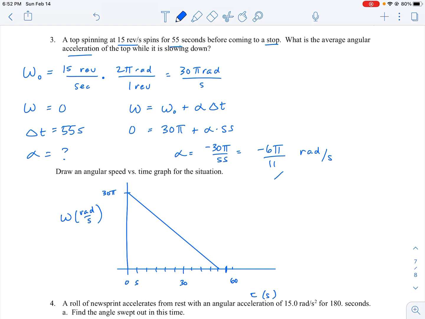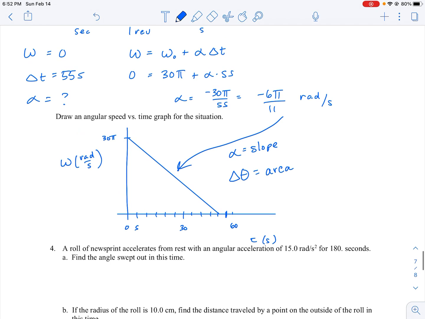And then the slope of that line is the angular acceleration. That's pretty cool. Also, the area, if we wanted to find it, would be the delta theta, or the number of radians swept out by that top, which is another thing we could compute. In fact, we could compute that with this formula.